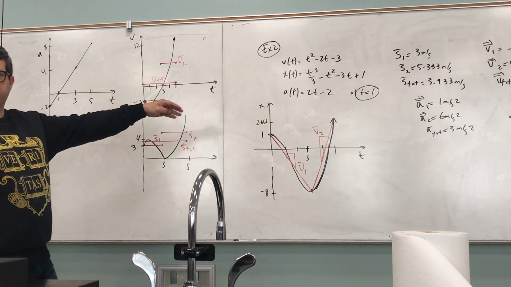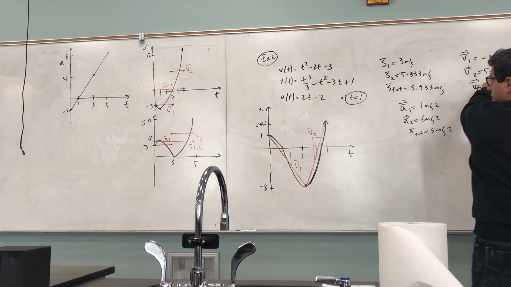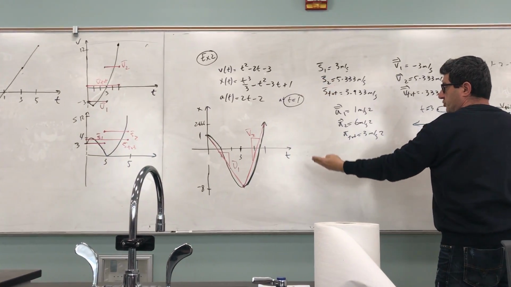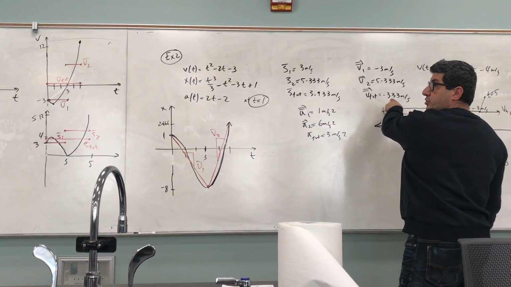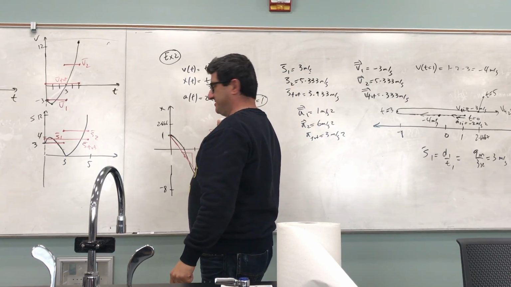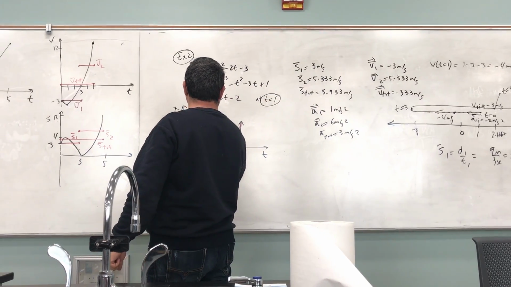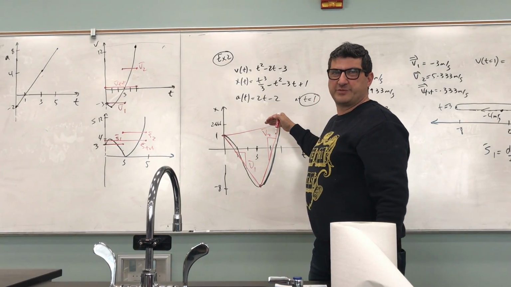So it should be making sense again. When you compare these to your answers, they should be matching. The first slope is negative, the second slope is positive, and then the overall slope is the secant line from the start to the end. Well, notice that it's slightly inclined upwards, which means its slope is slightly positive.